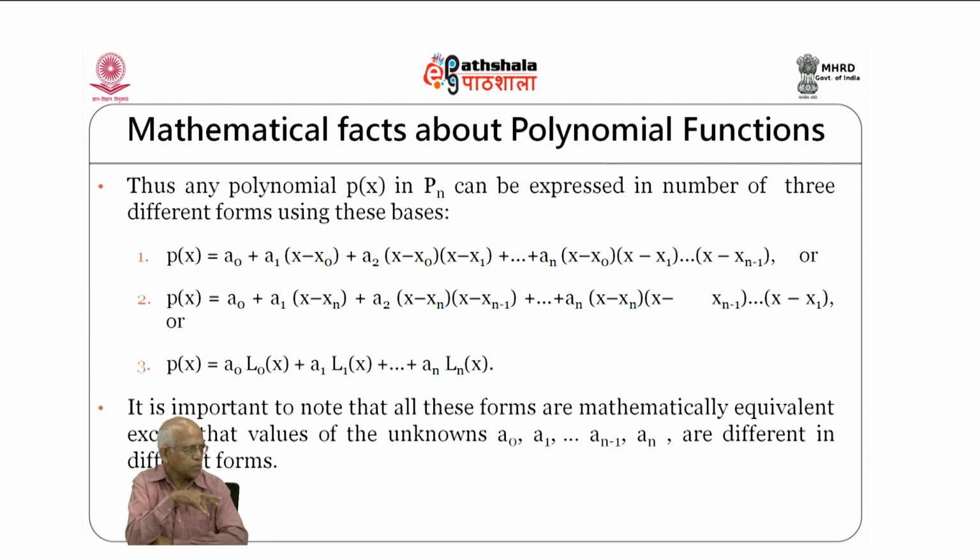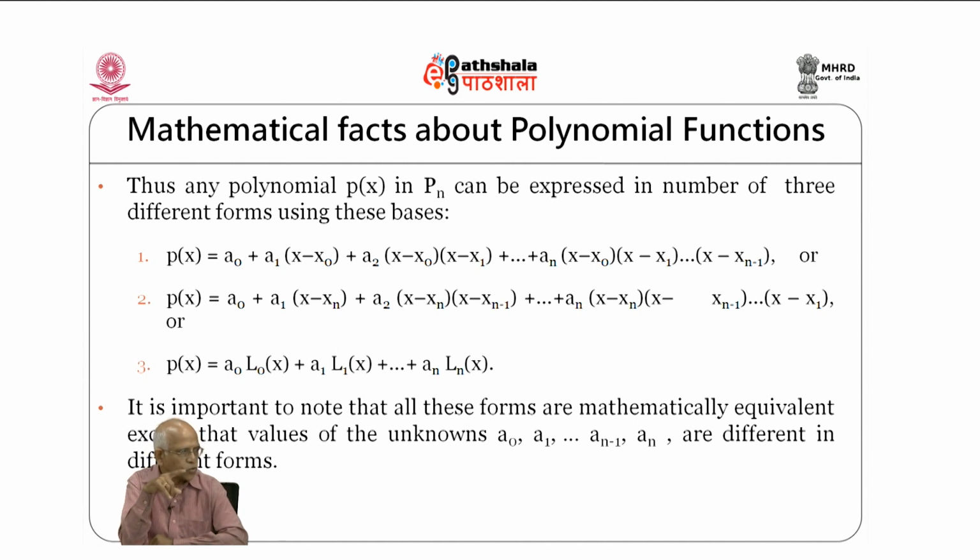Second will be P x equal to a 0 plus a 1 into x minus x n plus a 2 into x minus x n into x minus x n minus 1 and so on. And third, P x equal to a 0 L 0 x plus a 1 into L 1 x plus a n into L n x, like that we are considering.